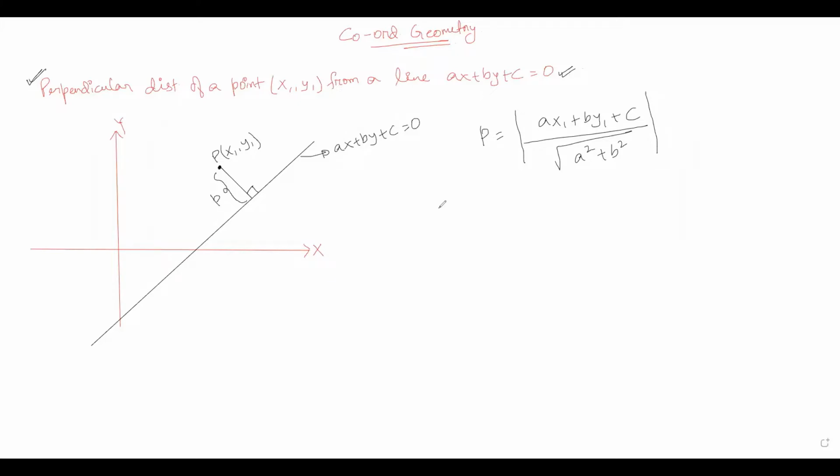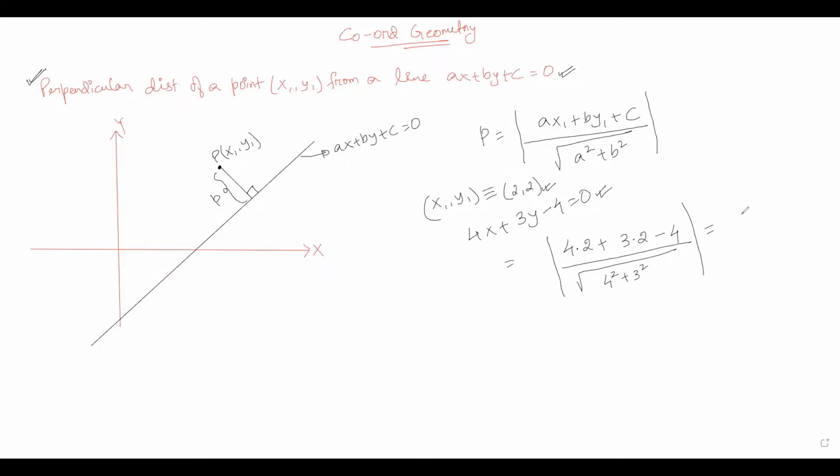Now say the point x1, y1 is say 2, 2, and the equation of the line is say 4x plus 3y minus 4 equal to 0. So the perpendicular distance from this point to this line would be simply given by 4 times of 2 plus 3 times of 2 minus 4 upon under root of 4 square plus 3 square.